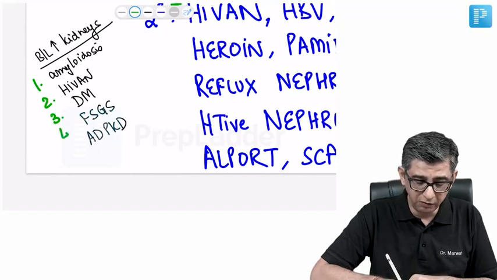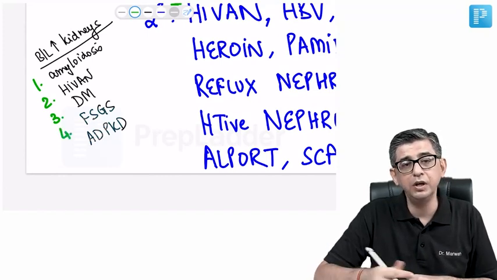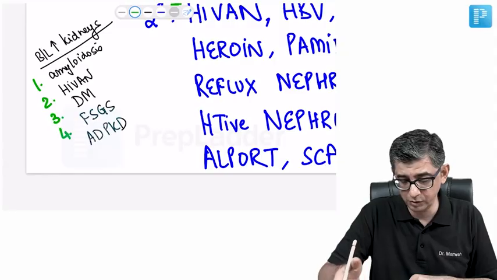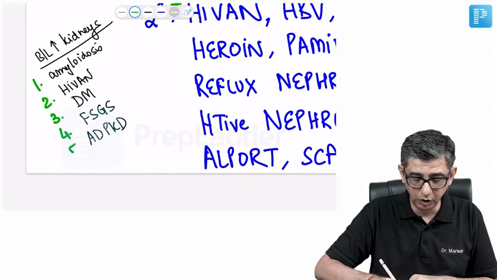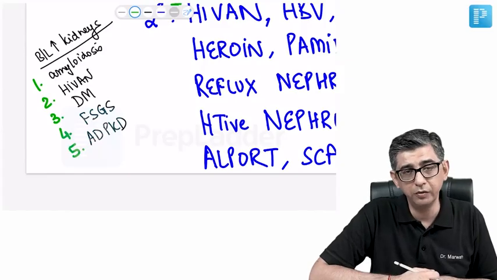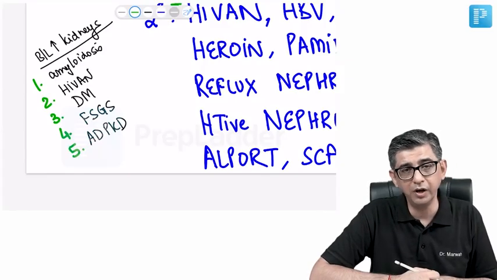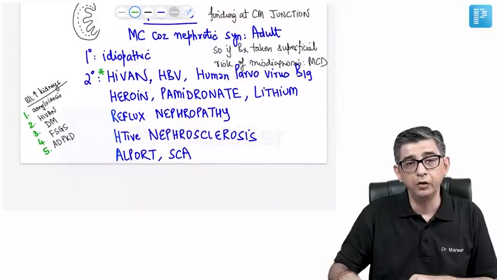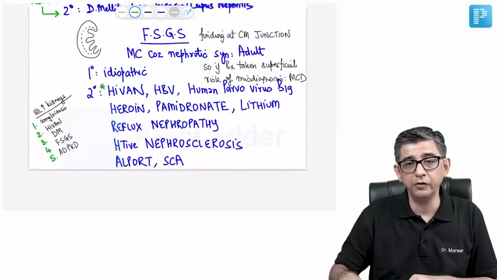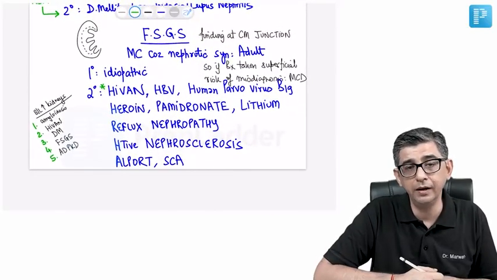Then instead of HIVAN, that is HIV associated nephropathy, he can write focal segmental glomerulosclerosis, because HIVAN is one of the forms of it. And then obviously autosomal dominant polycystic kidney disease with defects in chromosome 16 and 4 respectively. I mean, you could have bilaterally enlarged kidneys. Then there are hepatitis B virus and human parvovirus B19.